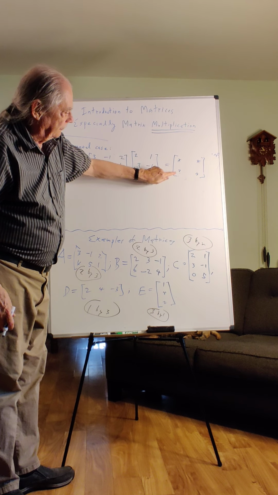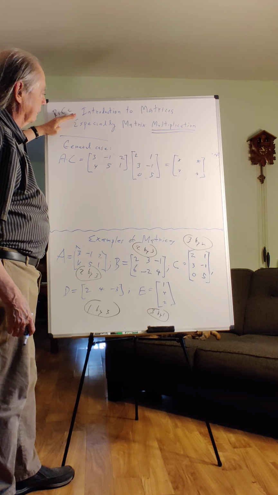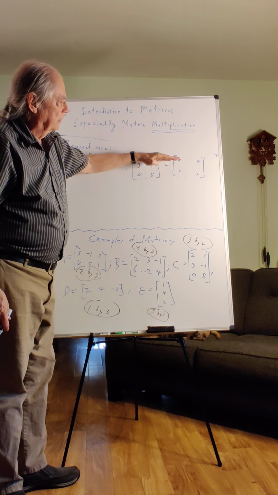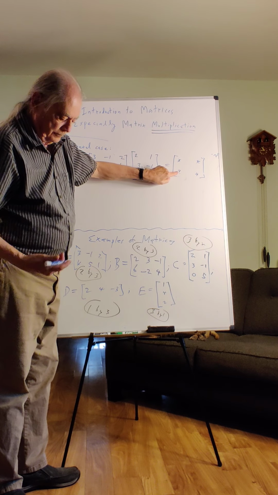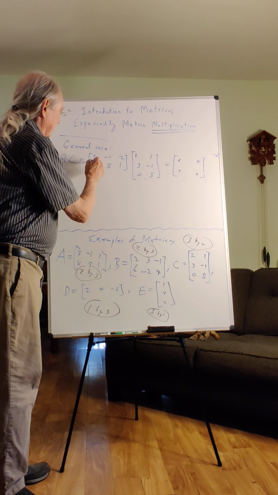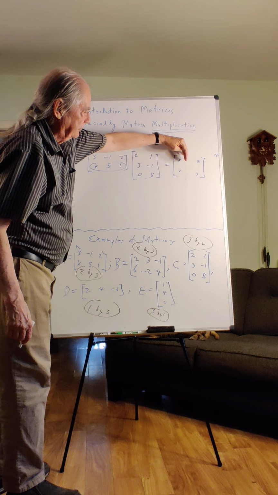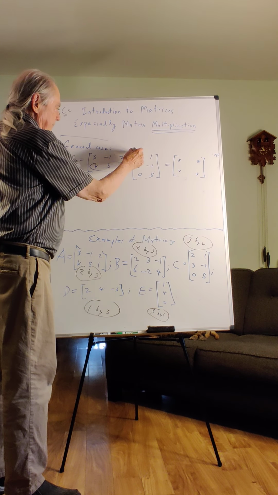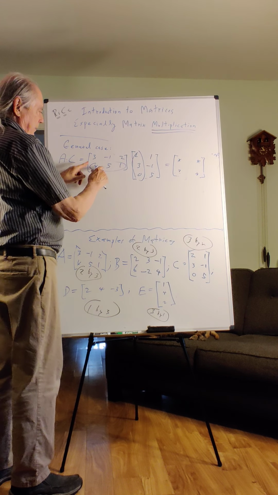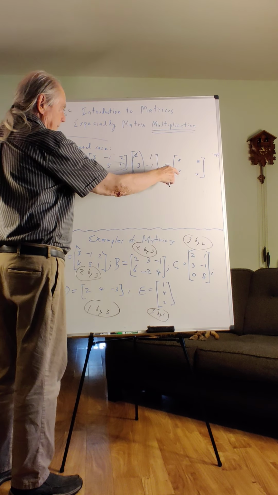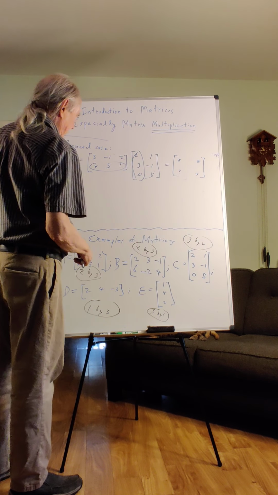Now we ask first, what is its position, keeping in mind the word rise? So what row is it in? Is it in the top row or the bottom row? It's in the bottom row. So we take the bottom row. What column is it in? Is it in the left or right column? It's in the left column. So we multiply the bottom row and the left column as I showed you previously.